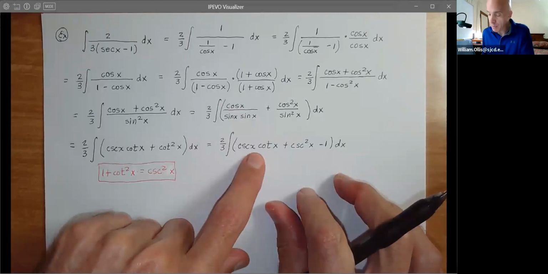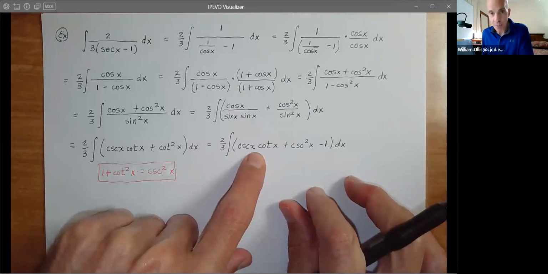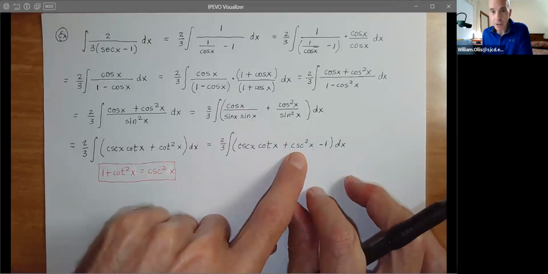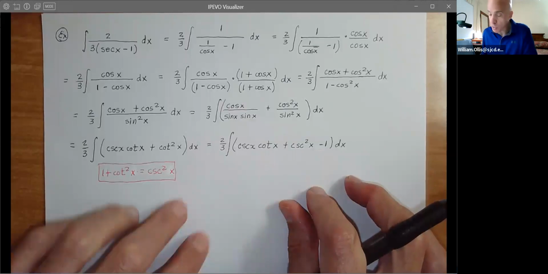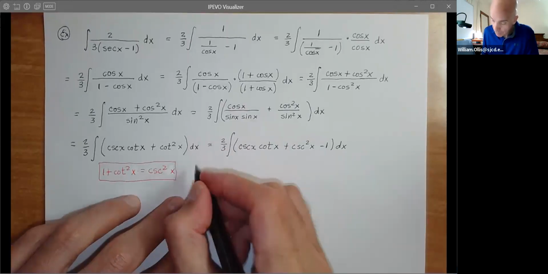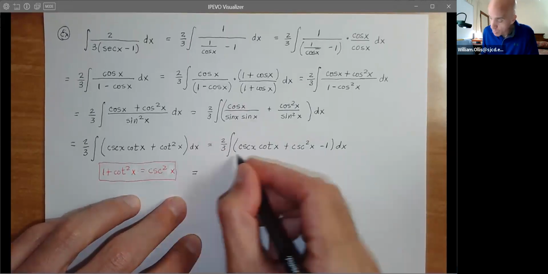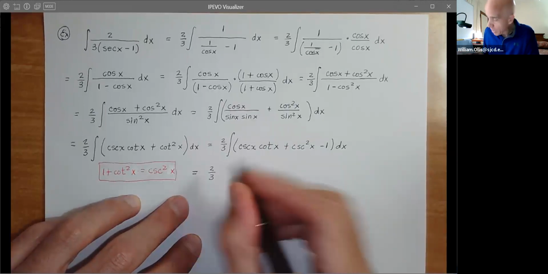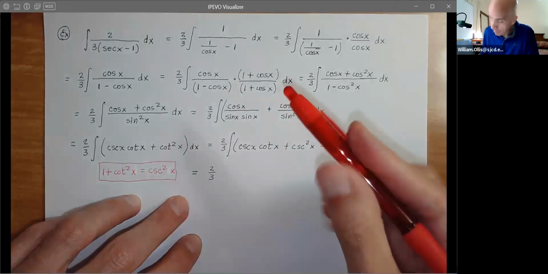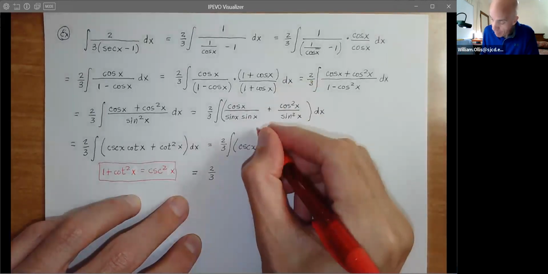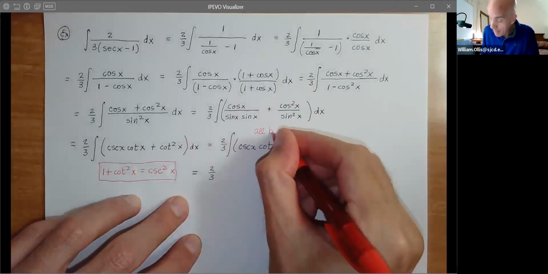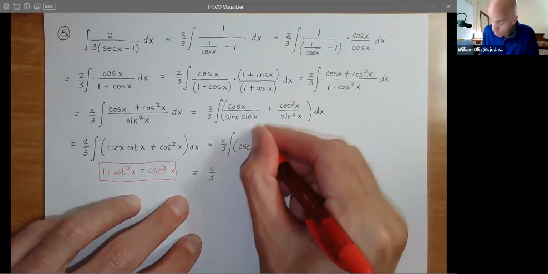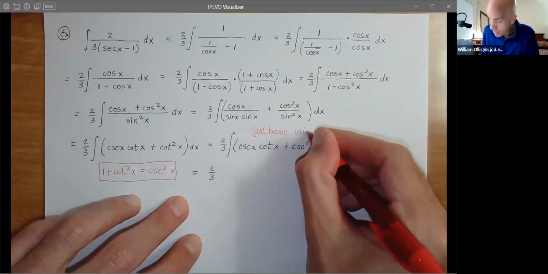This is the negative cosecant just from the last problem. This is the negative cotangent from the last problem, and that'll just give us a negative x. So these are all simple integrals. So now we'll just reel them off one by one. So this will be 2/3. So now we'll just say all basic integrals or antiderivatives.